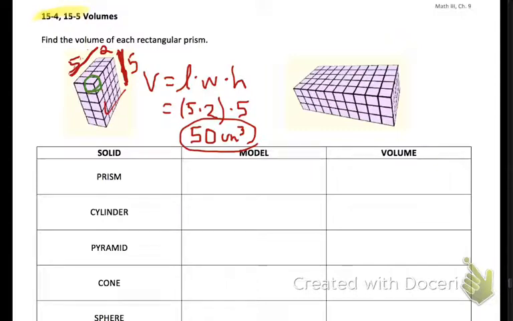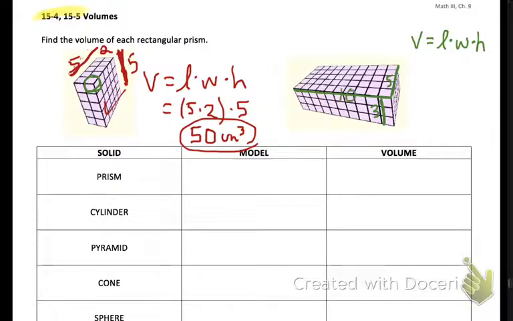We could do the same idea on the next question. We want to find the volume. So we have length times width times height. We have this dimension here is 3. This dimension here is 5. And then this dimension is 1, 2, 3, 4, 5, 6, 7, 8, 9, 10.